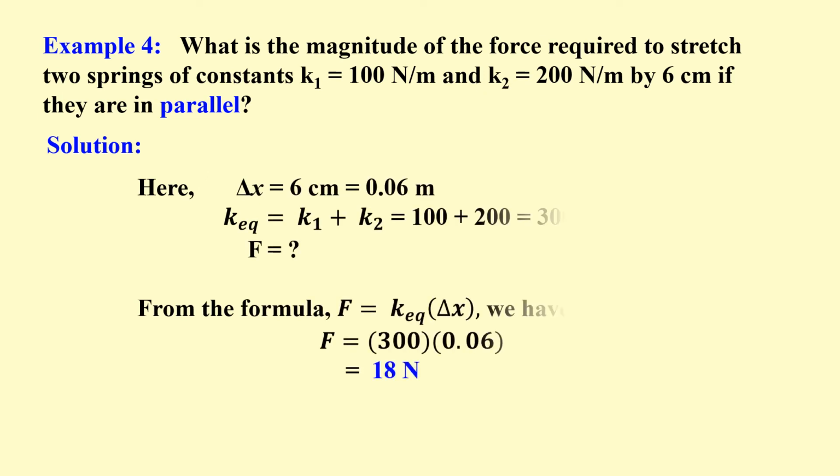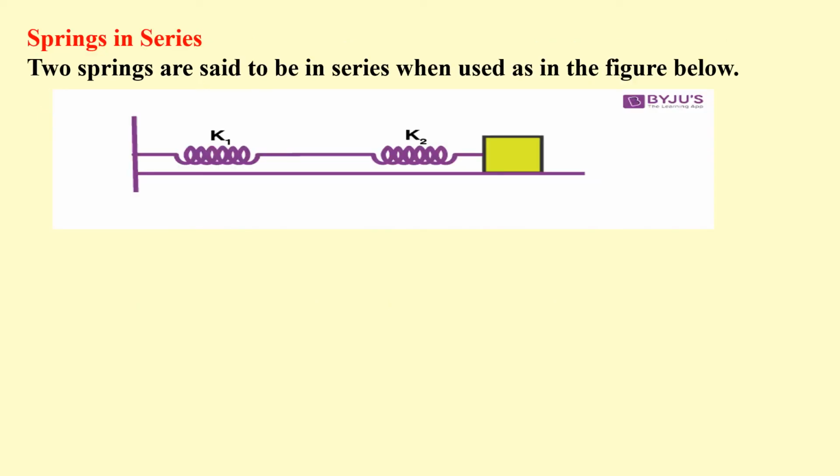Here, delta x is 6 centimeters or 0.06 meter. k equivalent equals k1 plus k2 equals 100 plus 200, or 300 newtons per meter, and we are required to find the force F. So, from the formula F equals k equivalent times delta x, we have F equals 300 times 0.06, which is equal to 18 newtons.